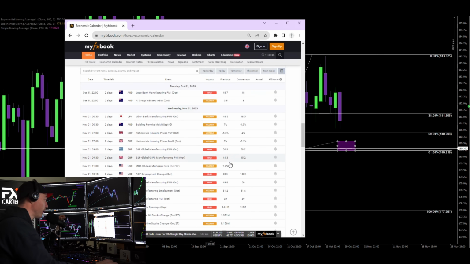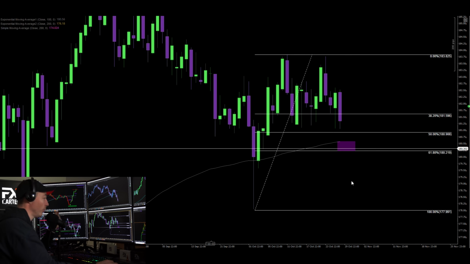And the consensus is that it's better than the previous one. So better means that it will be positive for the pound. And if it was to be unfolding or to be slightly better, this would mean that we would want to buy the pound. I'm just simplifying the whole thing, but that will be a reason to buy the pound. So now let's say Monday, Tuesday, you're going down and you are arriving in this zone.